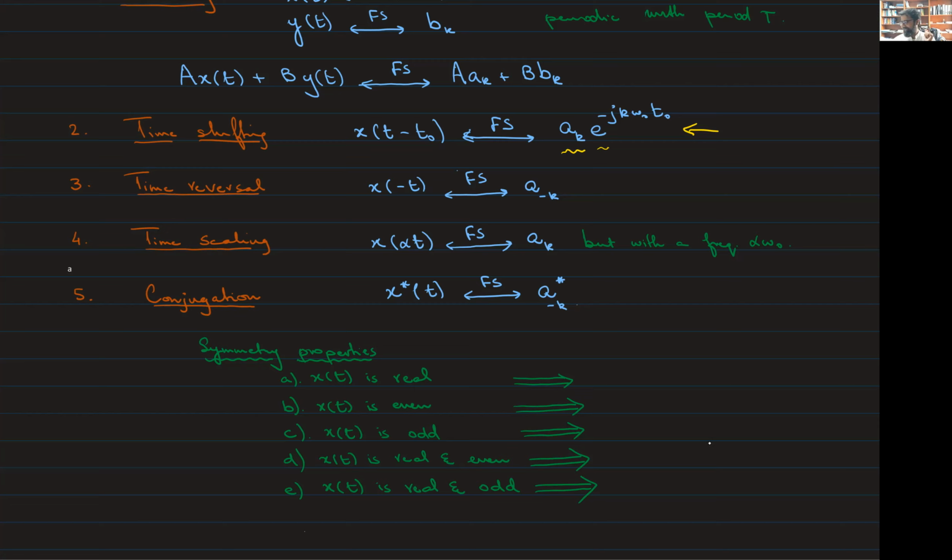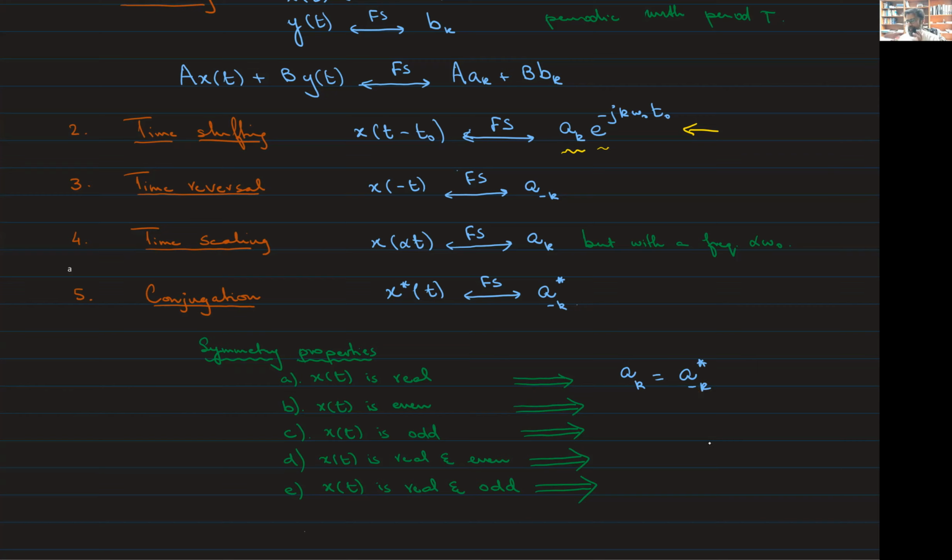So it turns out if x of t is real, the Fourier series coefficients are conjugate symmetric. What that means is that a_k is equal to a of minus k conjugate. So that's something we derived.